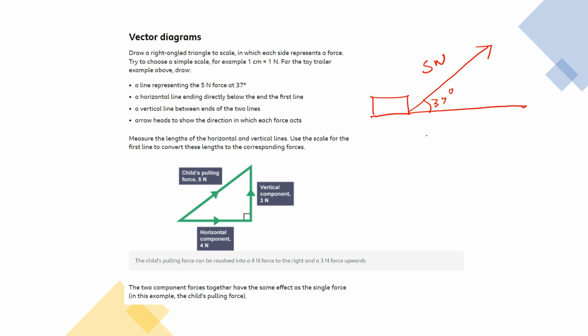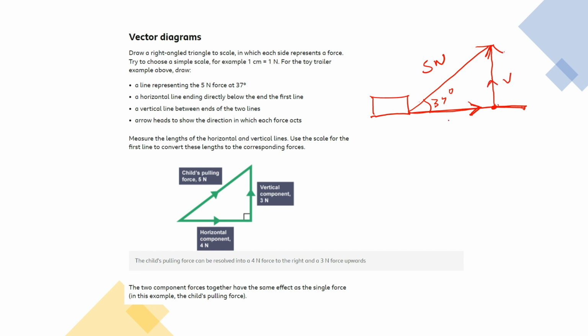So when you want to draw the vector diagram, you need to draw a vertical and a horizontal component. You draw a horizontal component like this toward this direction, and a vertical component toward the end of this, touching the end of this force in the upward direction.